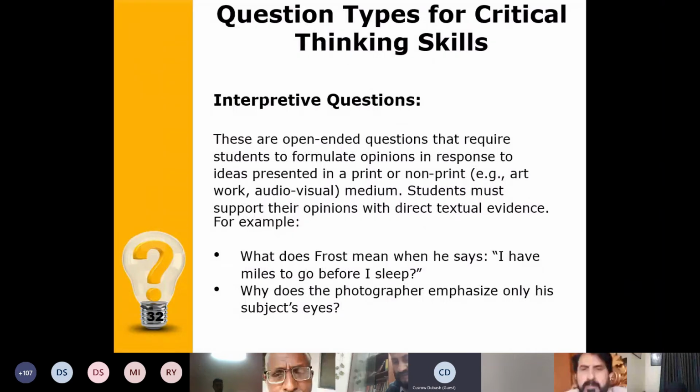Interpretive questions. I want your interpretation, your meaning, your understanding of whatever we've read or whatever we see. It's very, very important to get the students to be thinking on their own, to see their own understanding of something. And when you do interpretive questions, you never tell a student wrong.